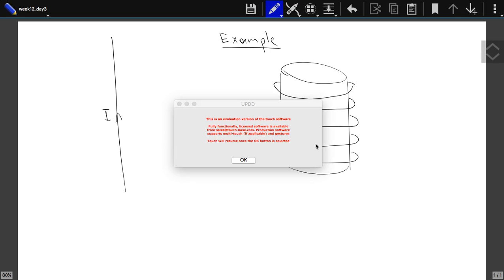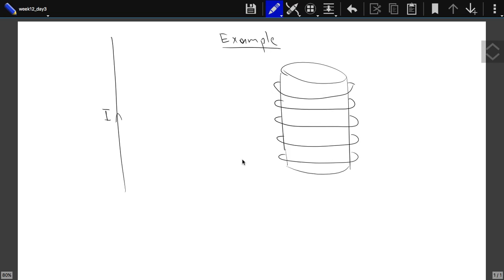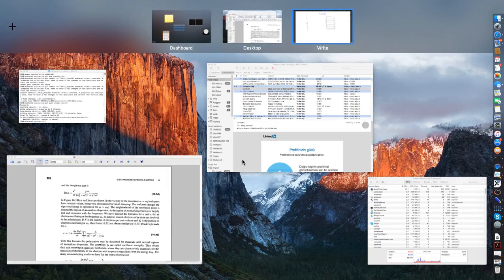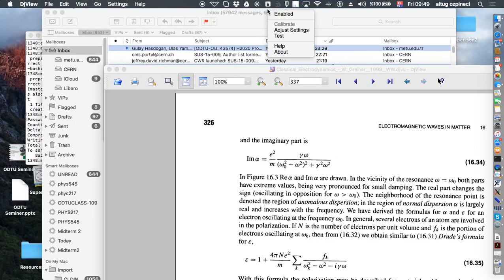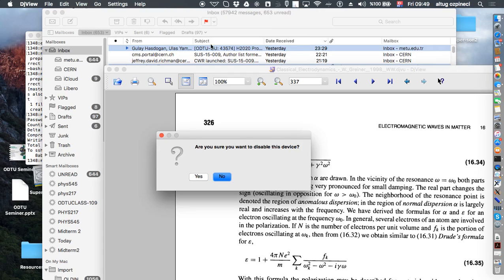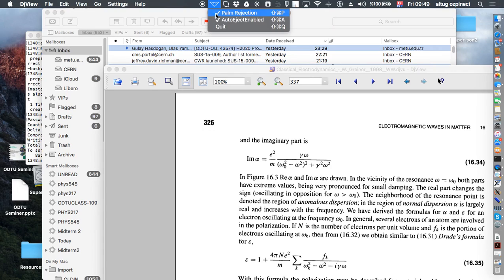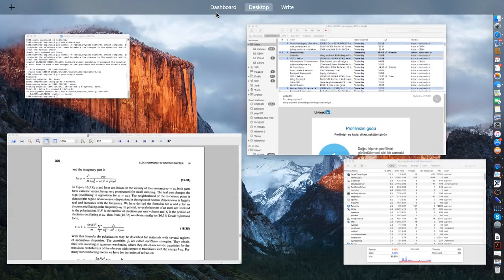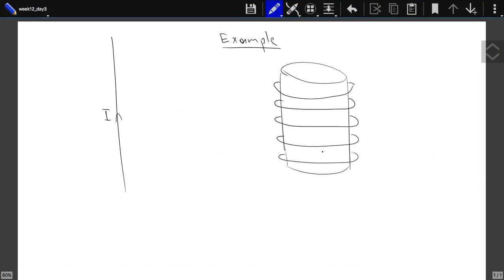We had already seen that if, let's say, the current is running in this direction, so the B field is upward and uniform. We had already studied this system.